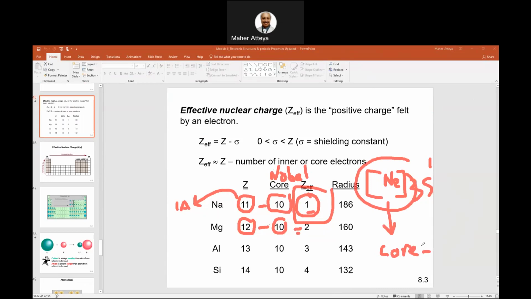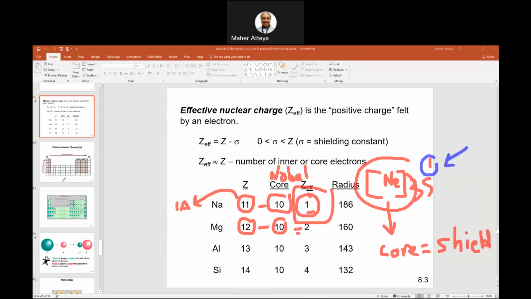So this is a shield that's preventing the nucleus from interacting with or influencing the rest of the electrons. So what's really influencing the whole thing is the 3s1, this one here. So the nucleus has more effect on the first one, and the other ones are just a shield.